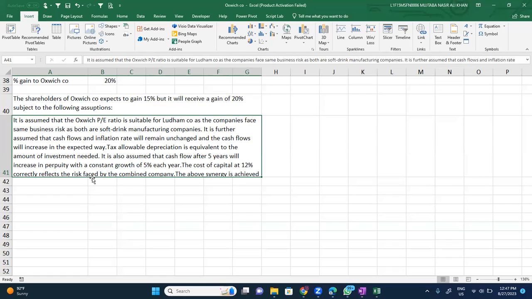That 12% is okay. How is it okay? How do you know that 12% correctly reflects the risk faced by the company? I am saying challenge the assumption, and you are saying, okay sir, I'm satisfied. Okay, everything is fine. Right?